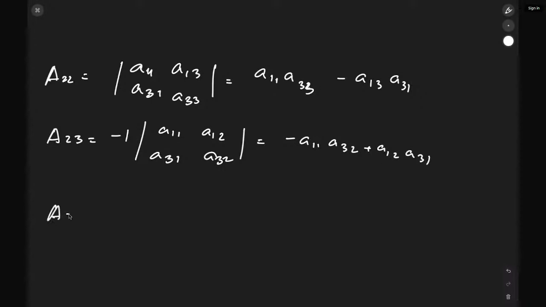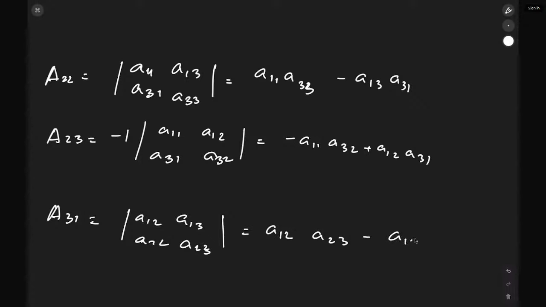And similarly, A31 will be A12, A13, A22, and A23. So it will be A12 A23 minus A13 A22.